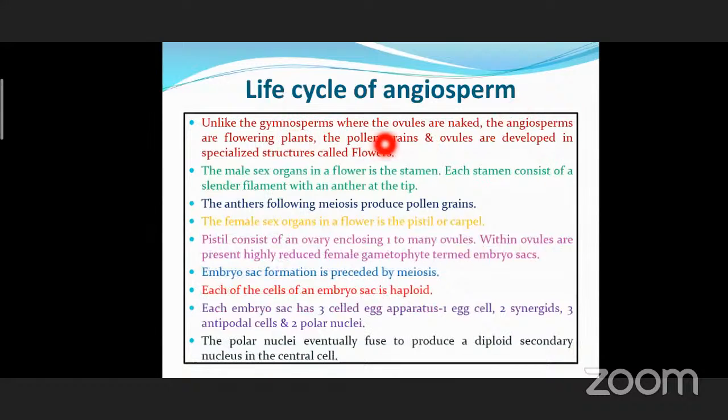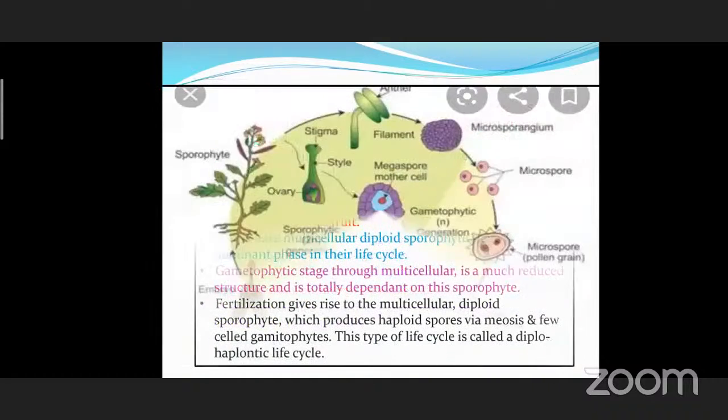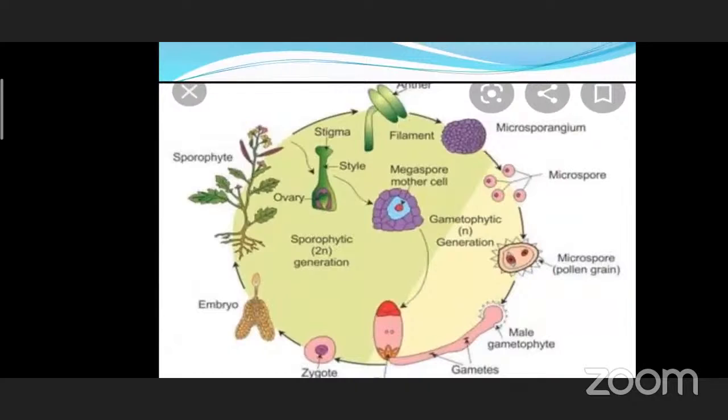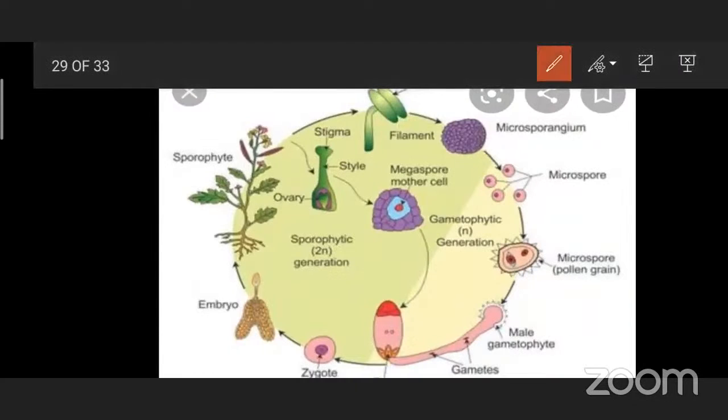Unlike gymnosperms, where the ovules are naked, angiosperms are flowering plants. The pollen grains and ovules develop in specialized structures called flowers. See here, this is the life cycle of an angiosperm. See here, this is the sporophyte plant.